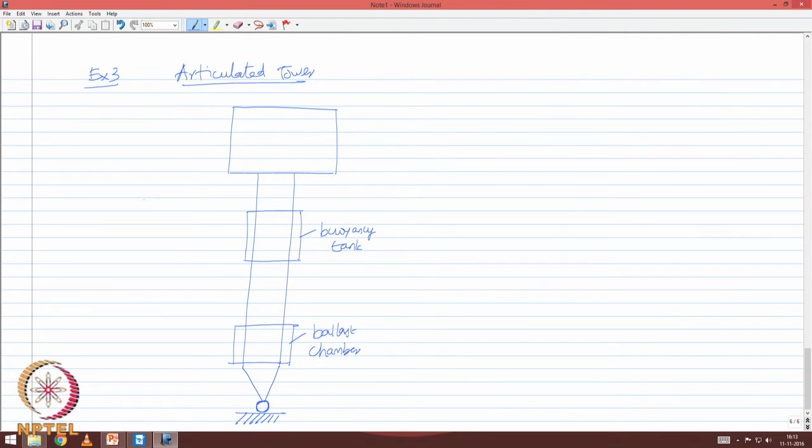Let us say this is my water level, this is my mass of the deck, this is my mass of the buoyancy tank.